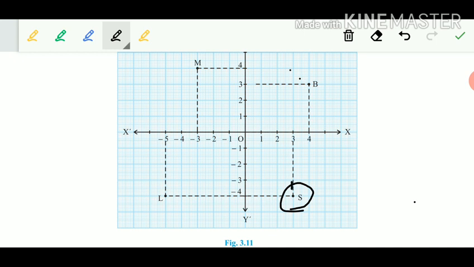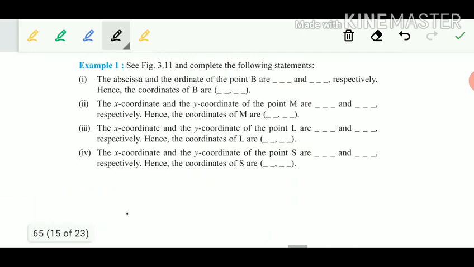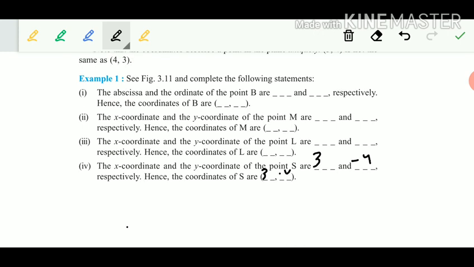This perpendicular line cuts the x-axis at 3, so its x coordinate is 3, and it cuts the y-axis at -4, so its y coordinate is -4. So the value of the x coordinate is 3 and the value of the y coordinate is -4, and it is written (3, -4).